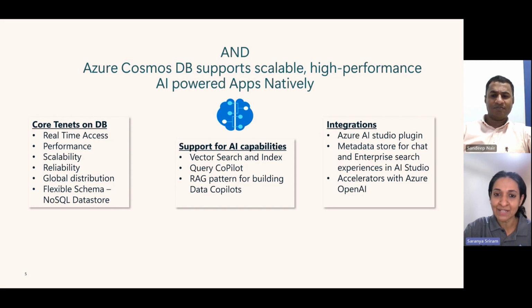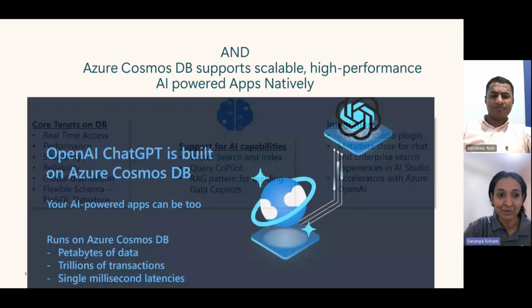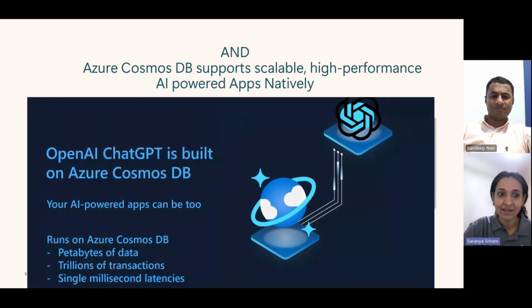It provides a metadata store for all chat and enterprise search applications, if anyone's building any application using Azure AI Studio and other accelerators that we have. In case you did not know, for OpenAI's ChatGPT, on Cosmos DB we run petabytes of data, trillions of transactions with single-digit millisecond read and write latency.